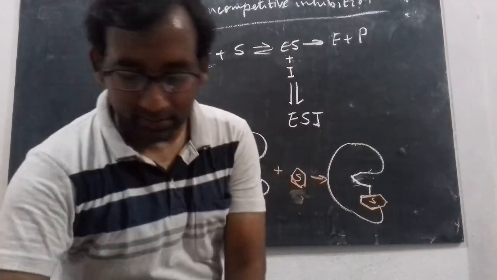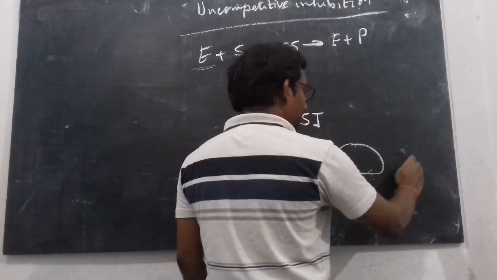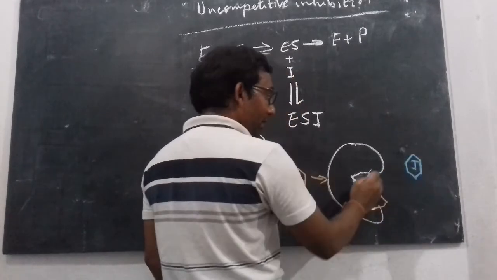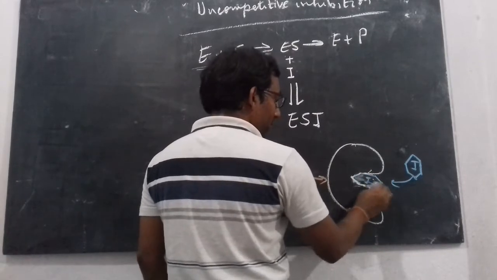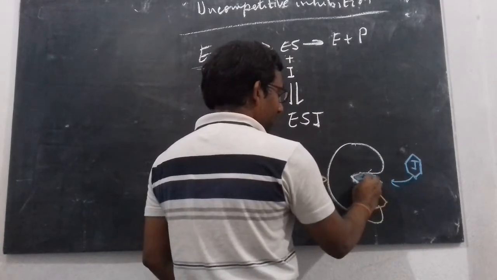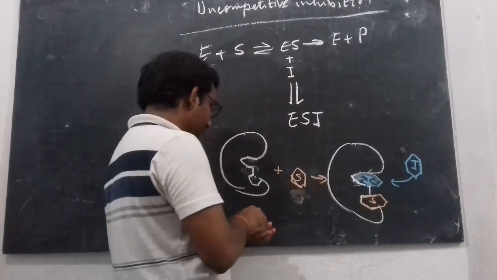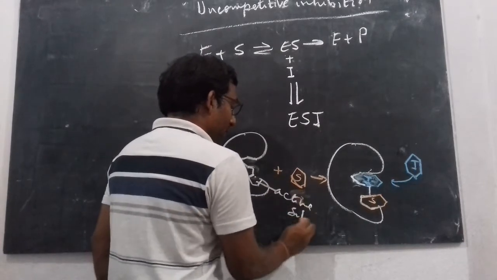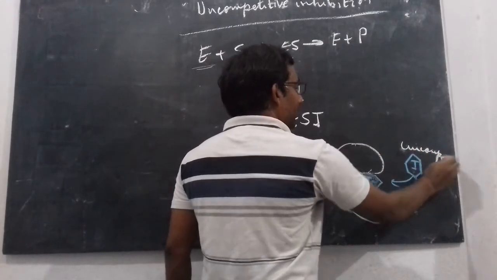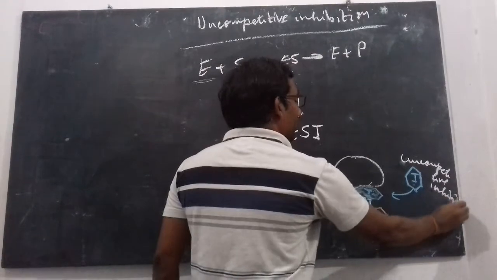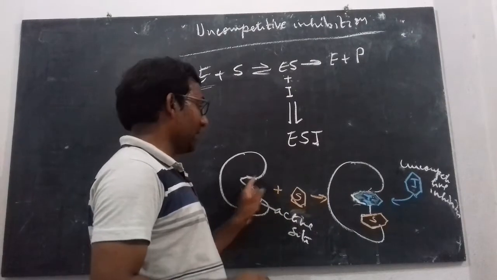Once the substrate has bound, then the inhibitor, say this one with blue color, will come and bind here. Can you see there? The inhibitor has bound to some other site other than the active site. This is the active site where the substrate is binding. And this is the uncompetitive inhibitor, binding to the enzyme substrate complex at a site other than the active site.